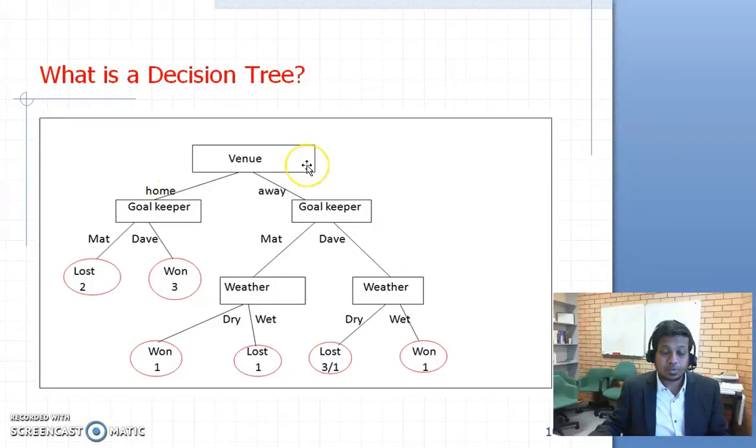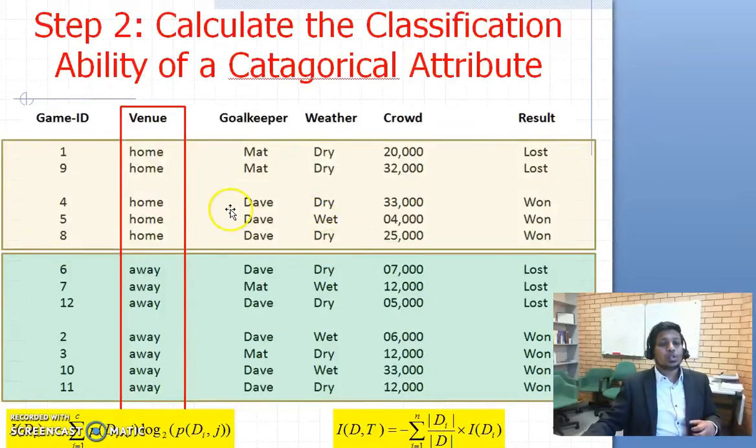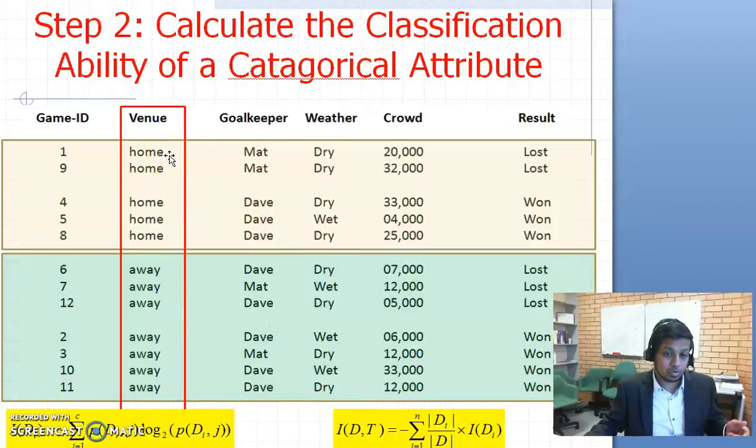Here venue has been picked that way, as the attribute with the highest gain ratio, the one that drops the uncertainty the most. In doing that, as I said before, it can divide the data set very easily into a number of horizontal segments if the attribute being used is a categorical attribute.